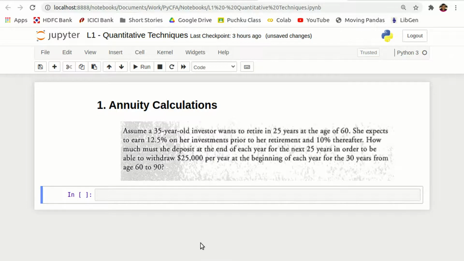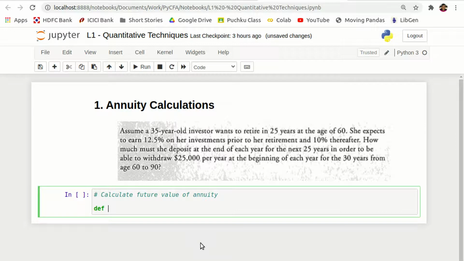First, let's write a few functions. First function is to calculate the future value of annuity. So let's define it. For the annuity, I need the cash flow, I need a rate of interest, and I need a period.